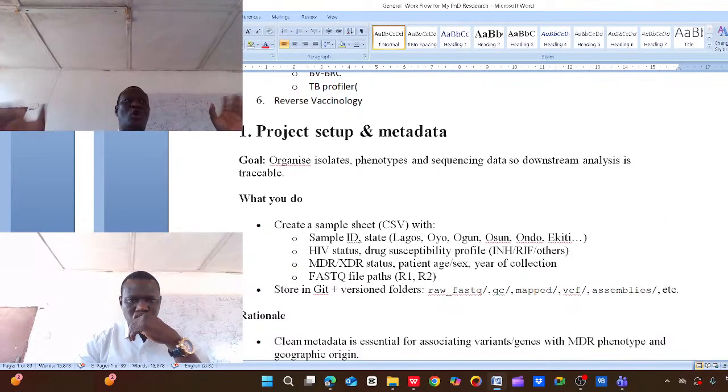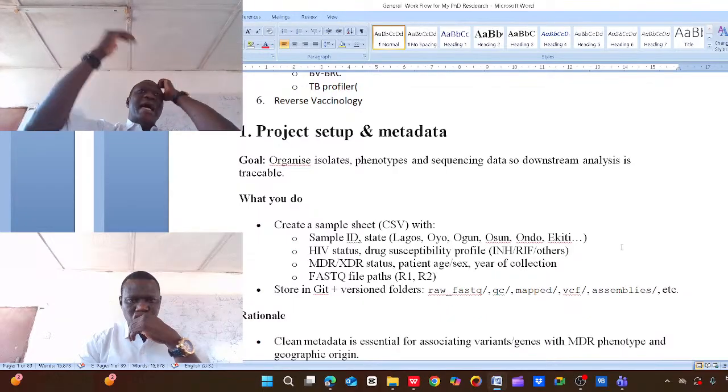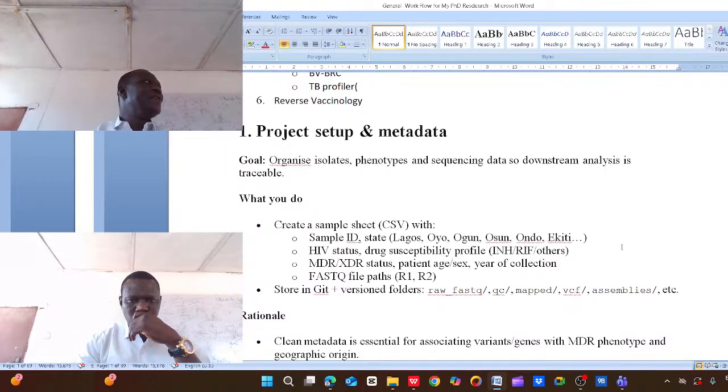Any data at all, the first thing you need to do is to clean and organize your data. Clean, because the sequencer, that is the sequencing machine, is not 100% efficient. There could be contamination, a kind of mismatch, different types of error, but the error is going to be very minimal. So the first thing you need to do is to clean your data.